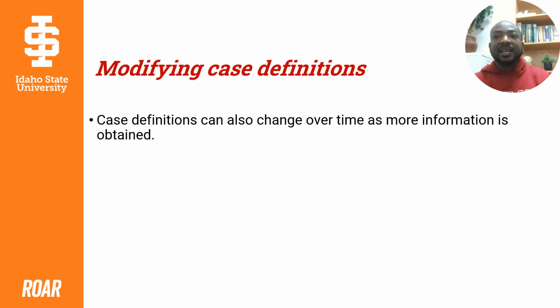Case definitions can also change over time as more information is obtained. The first case definition for severe acute respiratory syndrome, SARS, based on clinical symptoms and either contact with a case or travel to an area with SARS transmission, was published in the CDC's Morbidity and Mortality Weekly Report on March 21st, 2003.